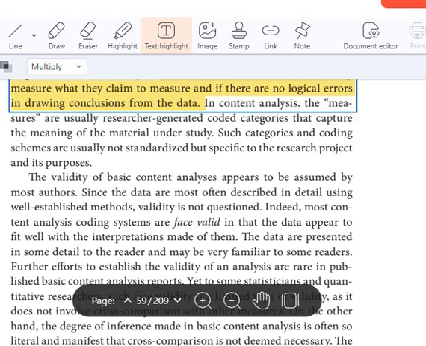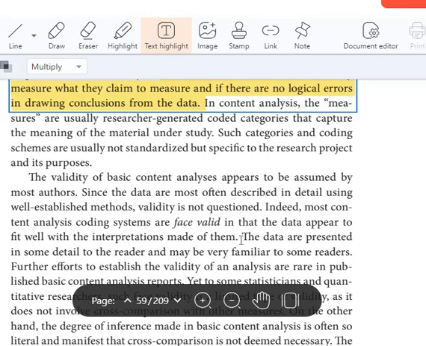Now, validity has two kinds actually. Most content analysis coding systems are face valid. We've got two types: face validity or construct validity. There's a difference between the two. Face valid means that the data appear to fit well with the interpretations made of them.